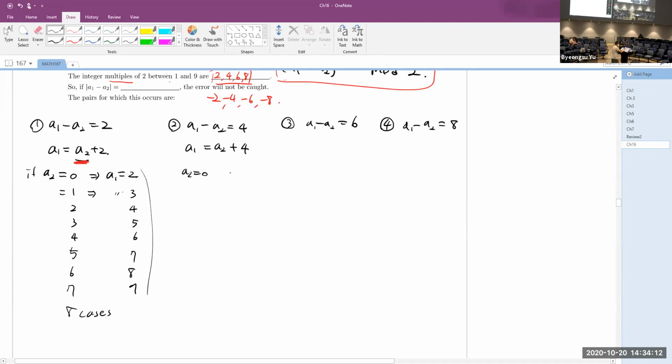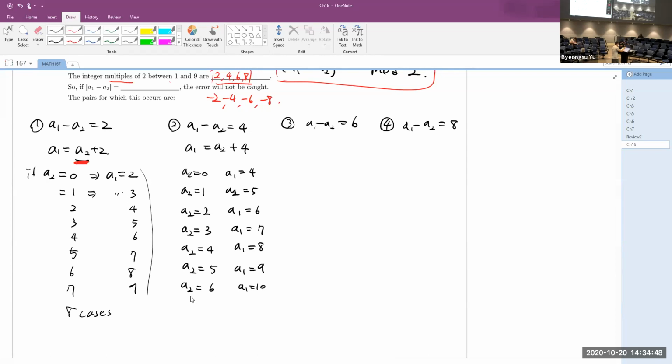When A2 is 0, A1 is 4; A2 is 1, A1 is 5; A2 is 2, A1 is 6; A2 is 3, A1 is 7; A2 is 4, A1 is 8; A2 is 5, A1 is 5 plus 4, which is 9; A2 is 6, A1 is 10, but 10 is not allowed, so A2 cannot be 6, and you can stop here. So it has 6 cases.